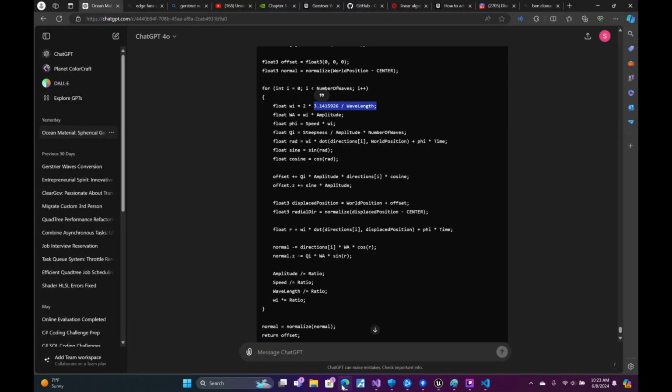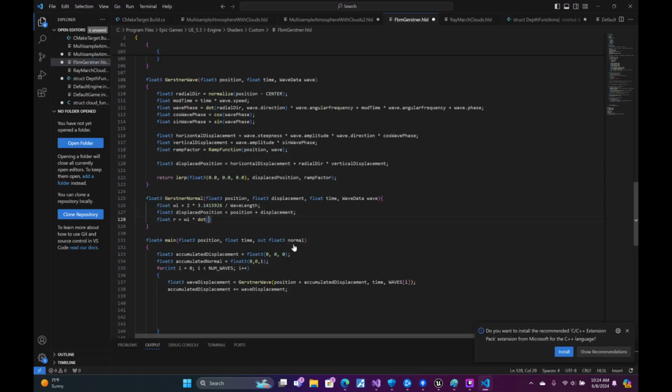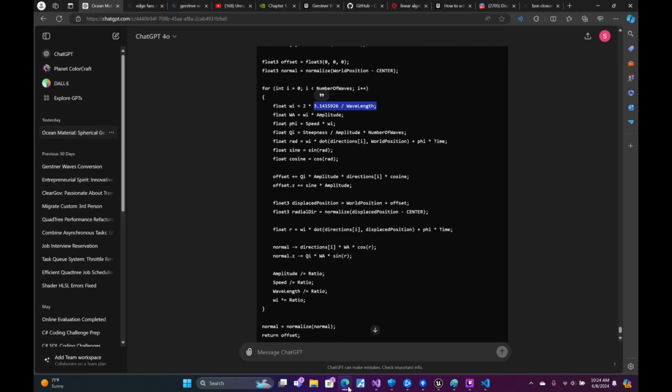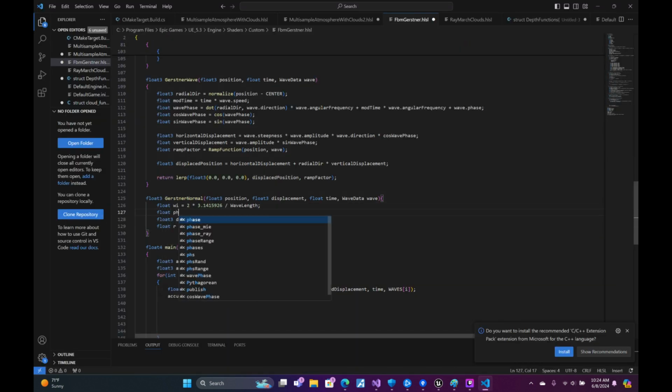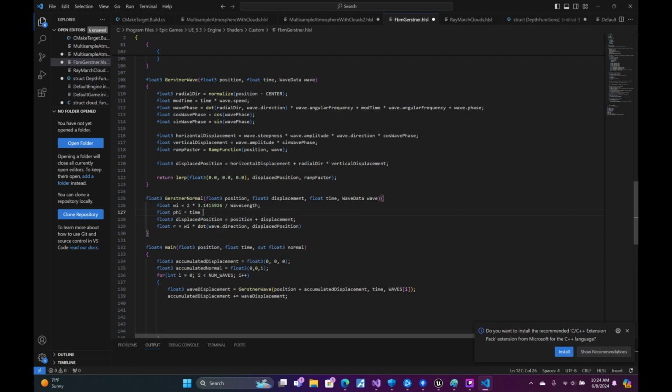WI times the dot product of the wave direction and the displaced position. Phi is speed times WI plus time times WI plus. Oh, I see. We don't have to do that. We're doing that externally.